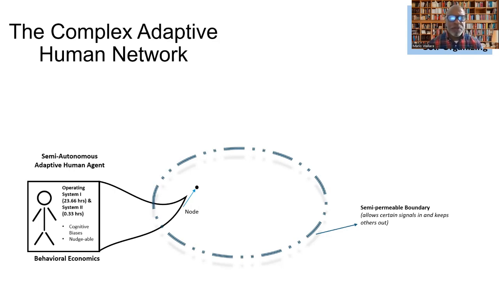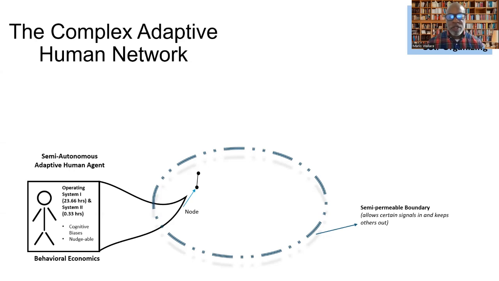Here's the thing about system 1 and system 2 thinking: according to research, the actual human uses system 1 7 hours and 40 minutes a day, and system 2 just 20 minutes a day. People in organizations are semi-autonomous adaptive humans who use system 1 and system 2 thinking. They have cognitive biases and they nudge, and we'll explain nudge in detail.